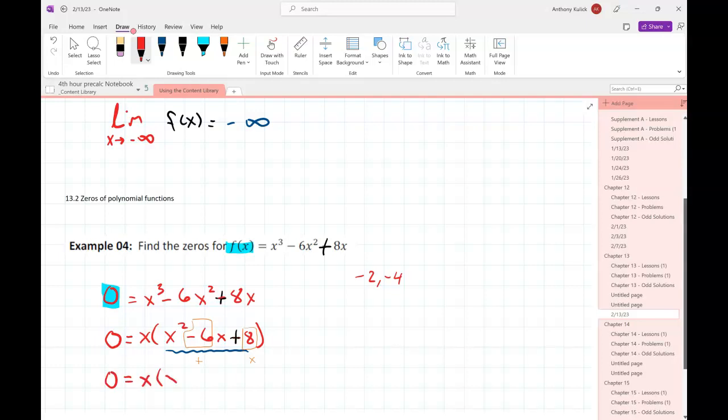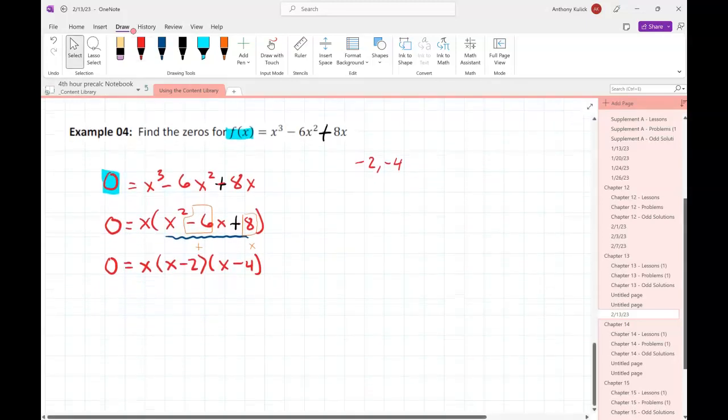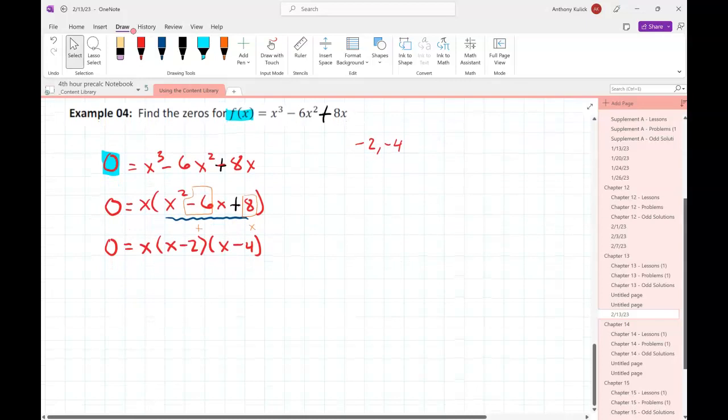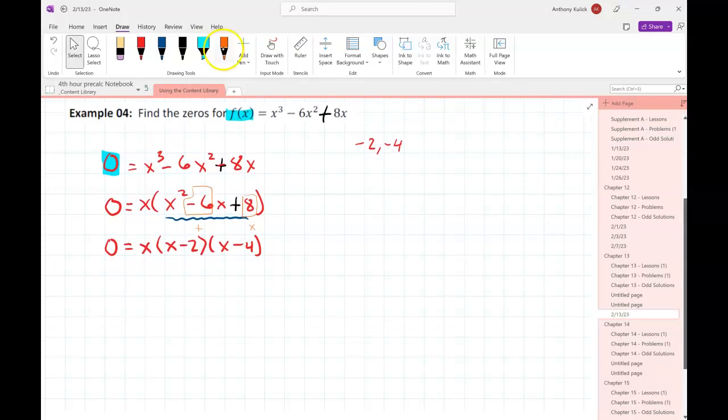Okay, since the leading coefficient is 1 on my x, that allows me to go straight to the factored form. Now let's think about what we have here. We have 3 things that are being multiplied together and are equal to 0.